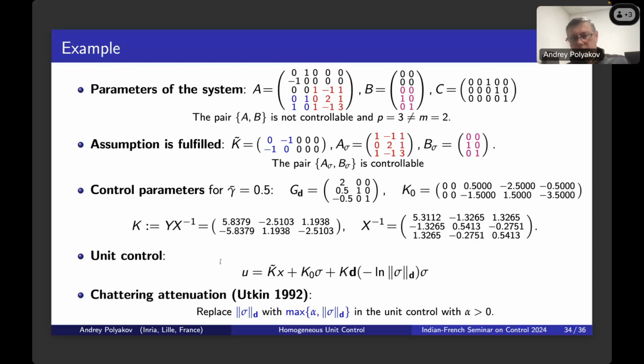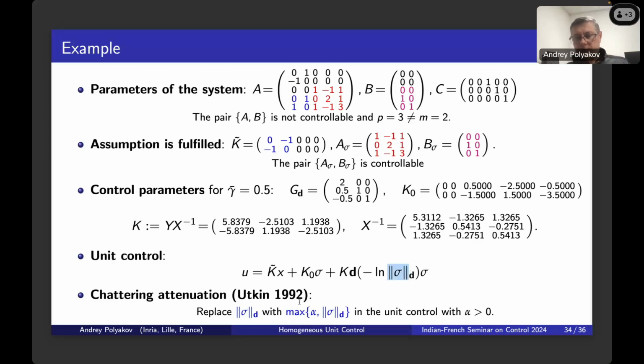We define the controller based on these solutions. It has some linear part dependent on the whole state, some linear part which homogenizes the output dynamics, which depends only on sigma, and the unit control. Similarly to the classical case, we can use the usual tricks for chattering attenuation by replacing some norm with some saturation of this norm close to zero, to have some linear control close to zero, and to avoid discontinuity and chattering.